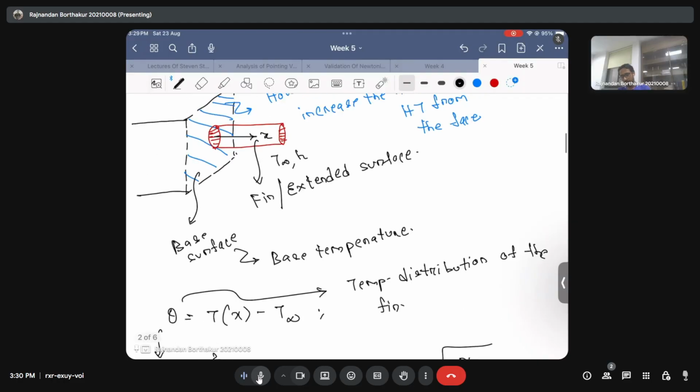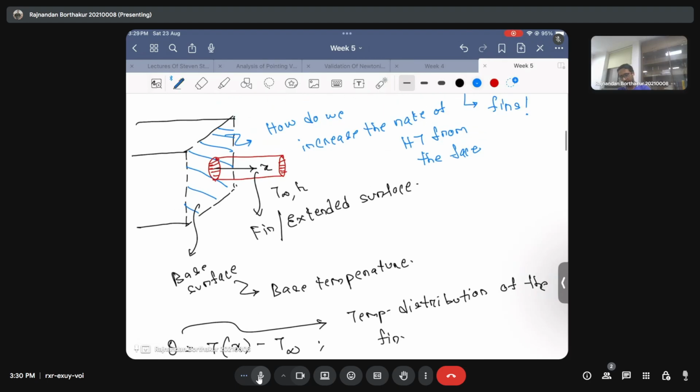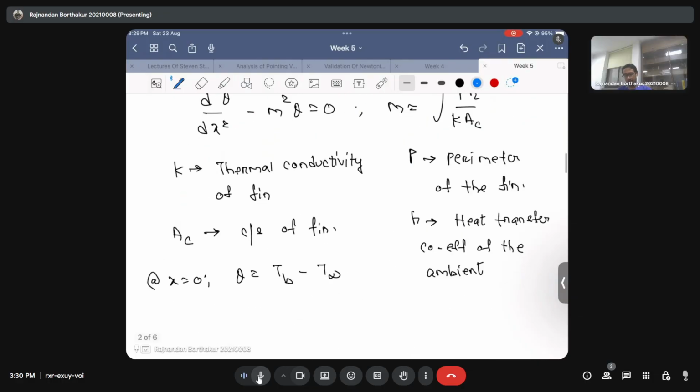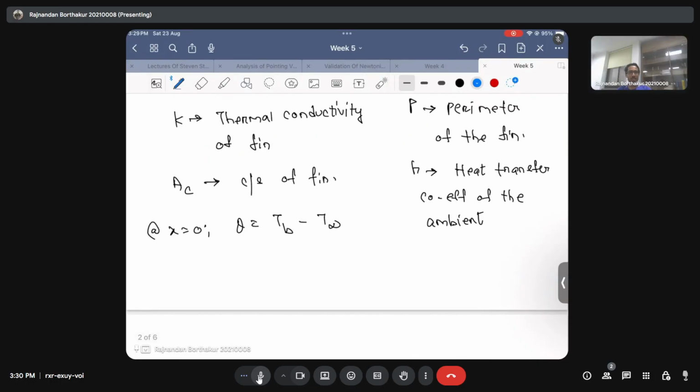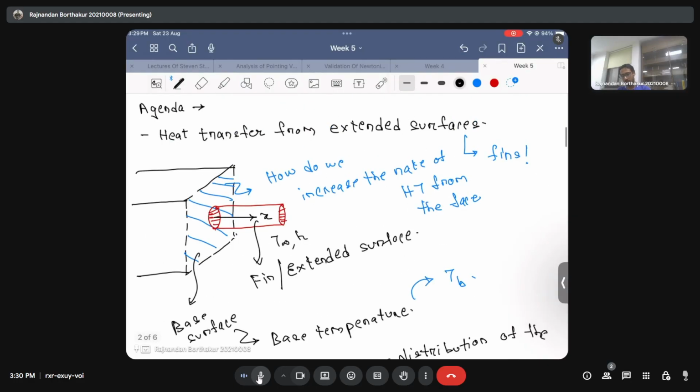Because at x equal to 0 we reach the base surface whose temperature we already know is equal to Tb. So theta at x equal to 0 becomes theta b, which is Tb minus T infinity.